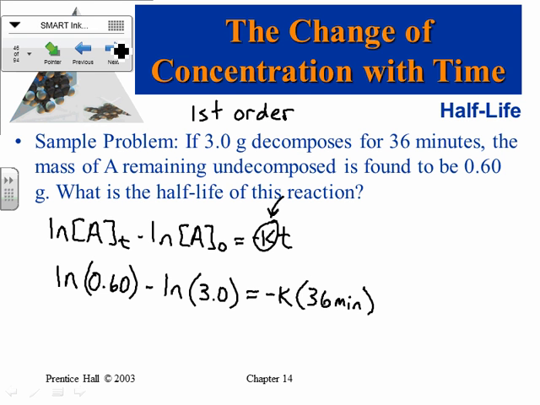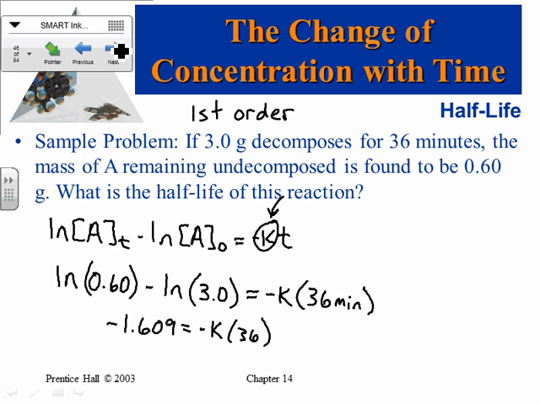This one's nice and easy to solve because we don't have to e anything, since both of our natural log terms will just be numbers once we plug this in. So the natural log of 0.6 minus the natural log of 3 gives me negative 1.609, and that's equal to negative k times 36.